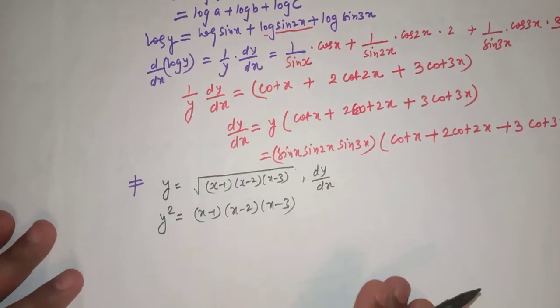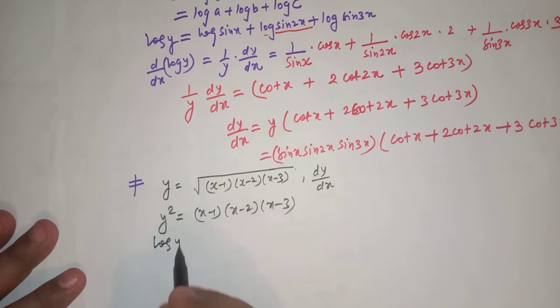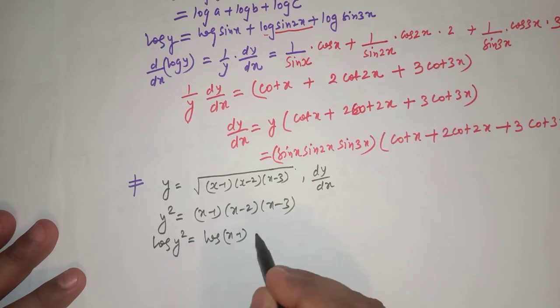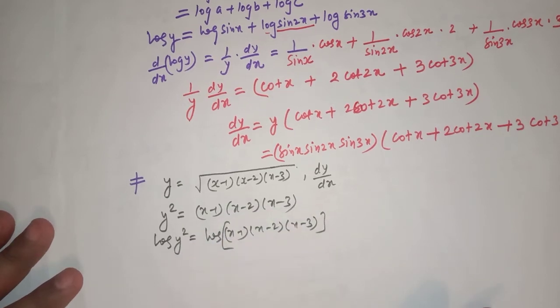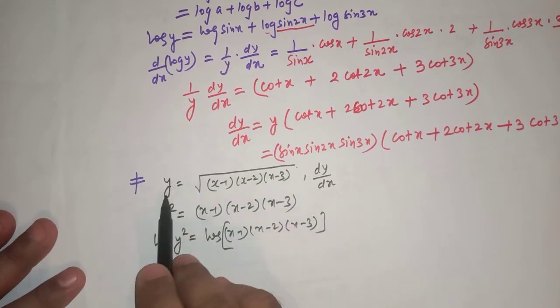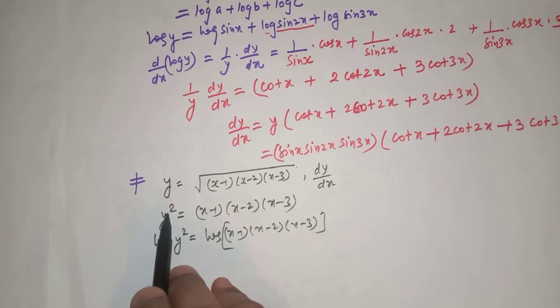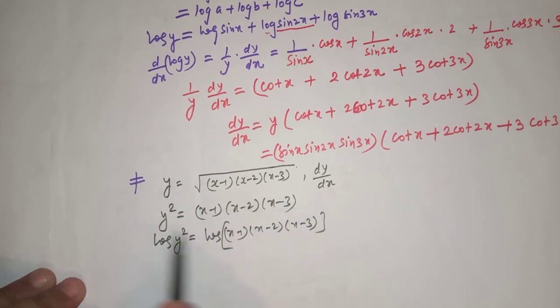Now we'll take log of both sides. So what we will get, this is log of x minus 1, x minus 2 and x minus 3. Clear? First we have done the squaring on both sides, then we will take the log of both sides. Clear?